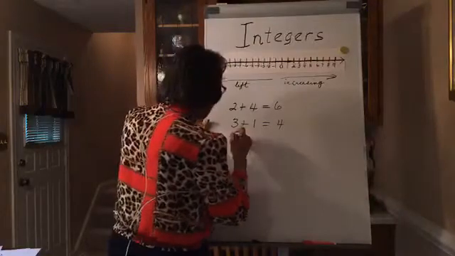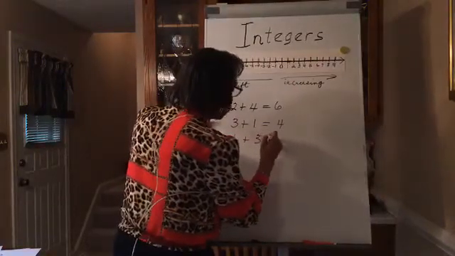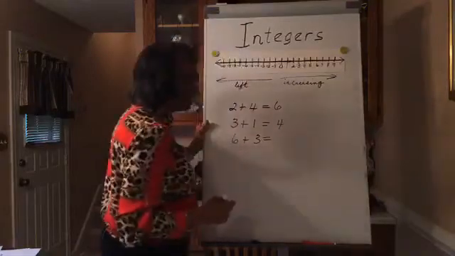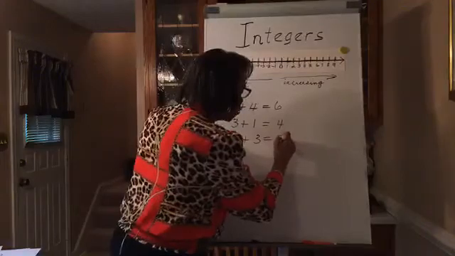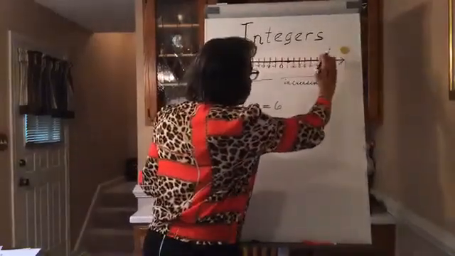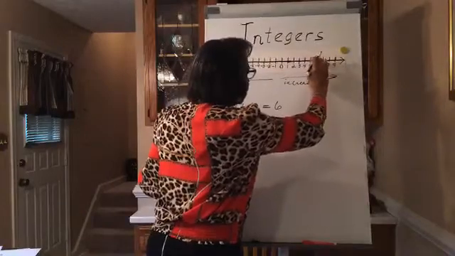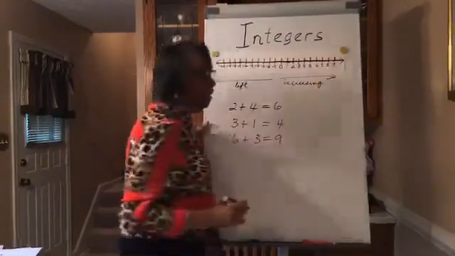Let's do 6 plus 3. Use your number line. We know that the answer is 9, but I want you to start at 0 and go to 6 and then add 3 more, and we're at 9.